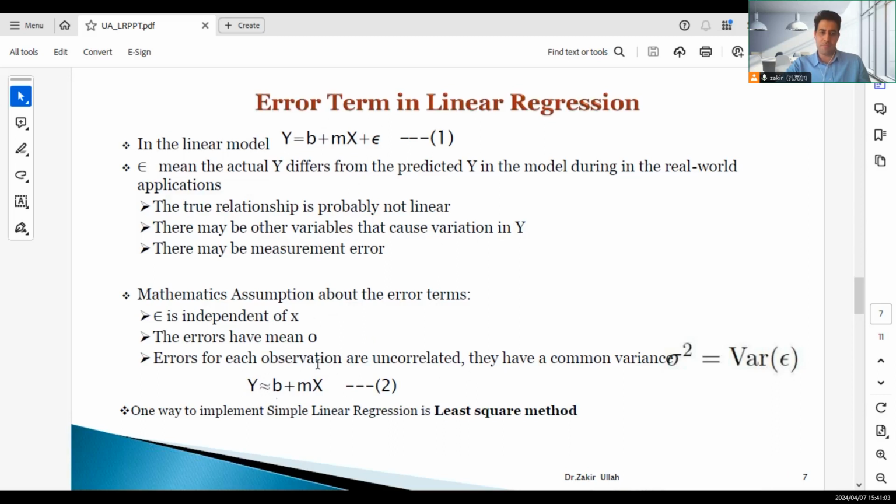That's why most of the models would not be strictly linear, but they will be approximately linear because we ignore this error term. One way to implement simple linear regression is the least square method, which we're going to talk about in more detail.